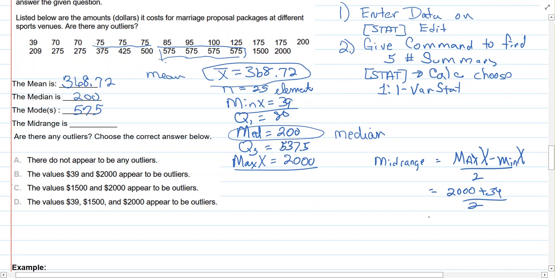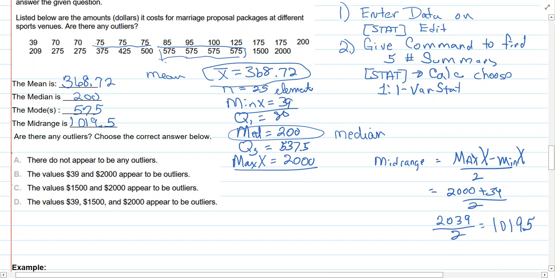Well, that gives me 2039 divided by 2. And so we can either use the calculator, which is okay, but it'll be 1,019.5. You can use your calculator for any computations and always check my work.